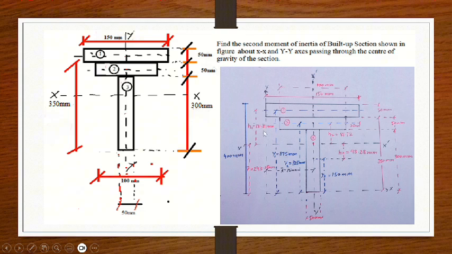The distance from the reference axis to the central axis horizontally is called x bar, that is 75 mm. The structure is symmetrical about the y-axis, so the x bar distance is always the same. That is x bar, and that is y bar.